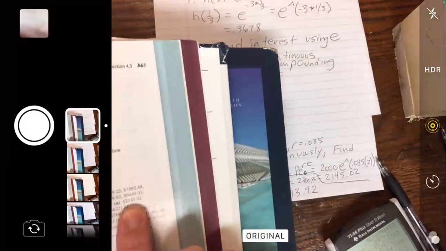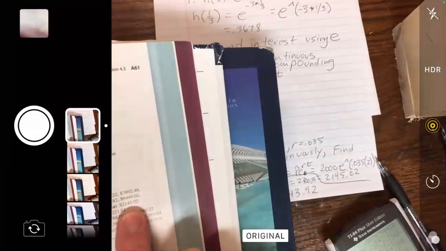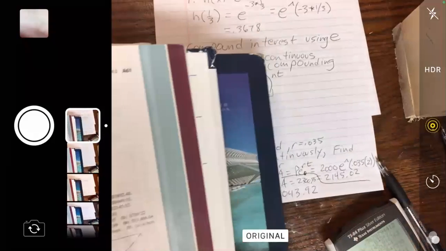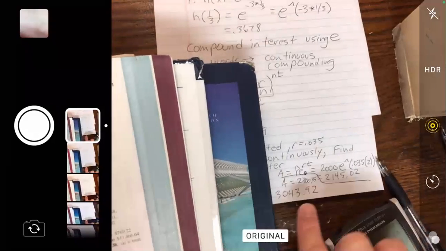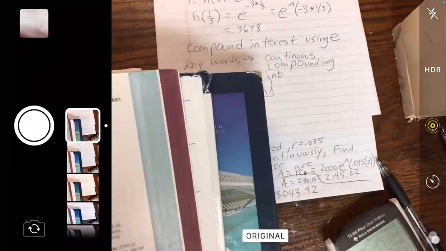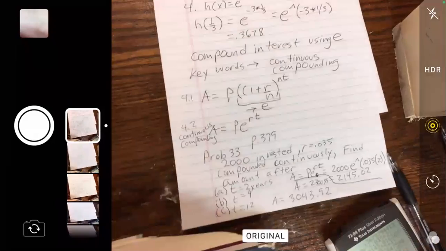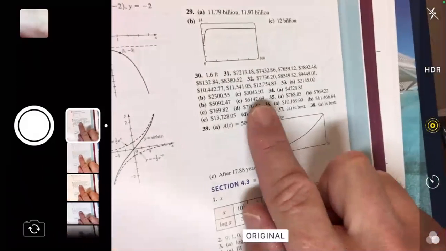I don't know if you can see them both. Yeah, 2145.02 there and there. 33B, 2300.55. Okay, you got that right there. And C, 3043.92. Yeah, right there.